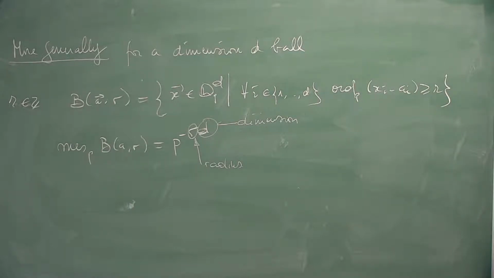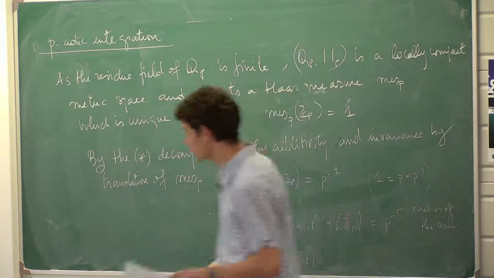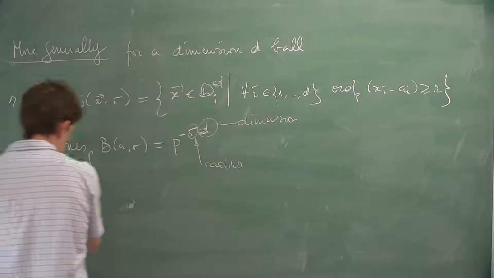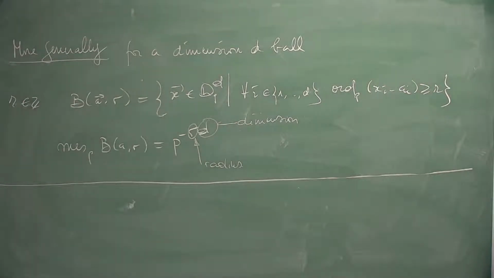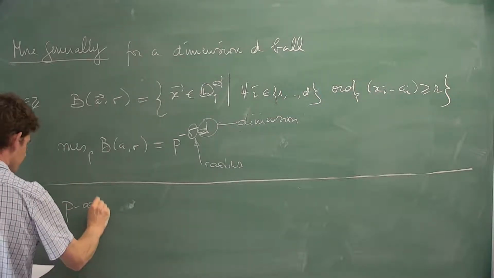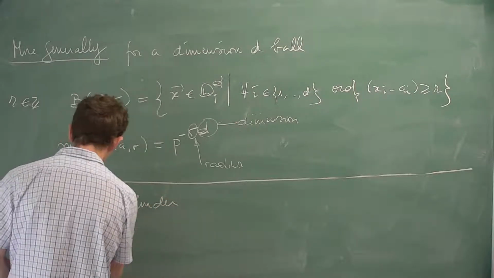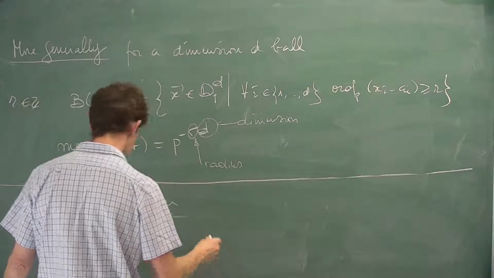Okay. So, of course, in p-adic integration, we will not just integrate balls, but we can explain other measurable sets. And one of them, which will be used for the proof of Igusa's theorem on the Borevich-Shafarevich conjecture, is the notion of cylinder. So I define a p-adic cylinder. So, what is it?